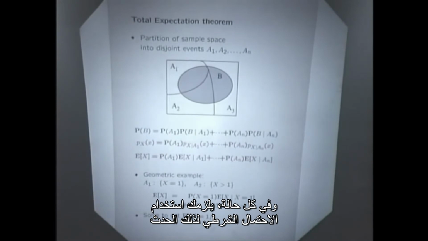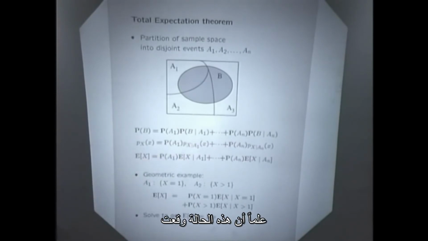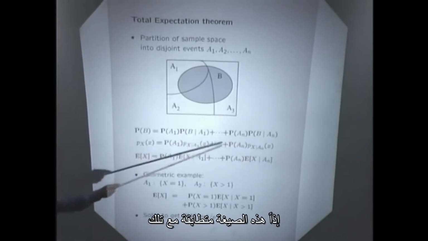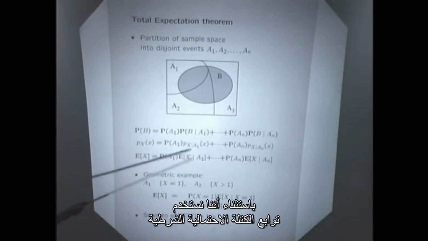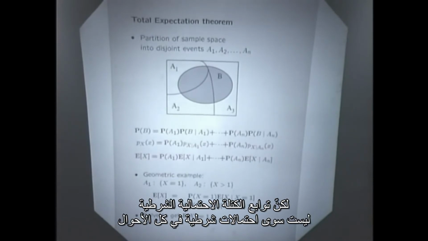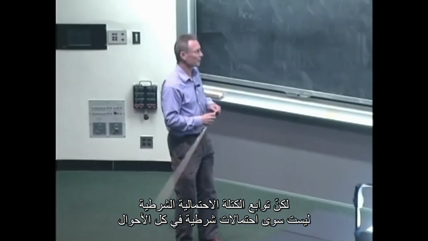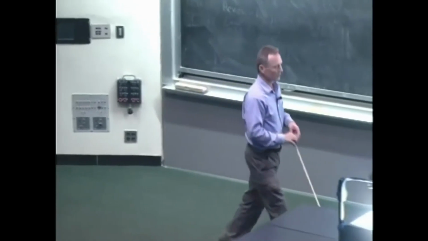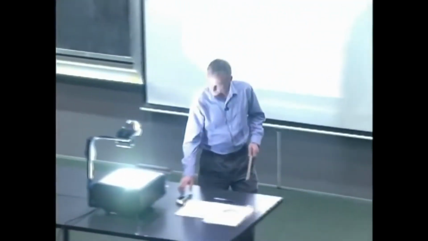And within each scenario, you need to use the conditional probabilities of that event, given that this scenario has occurred. So this formula is identical to that one, except that we're using conditional PMFs instead of conditional probabilities. But conditional PMFs, of course, are nothing but conditional probabilities anyway. So nothing new so far.